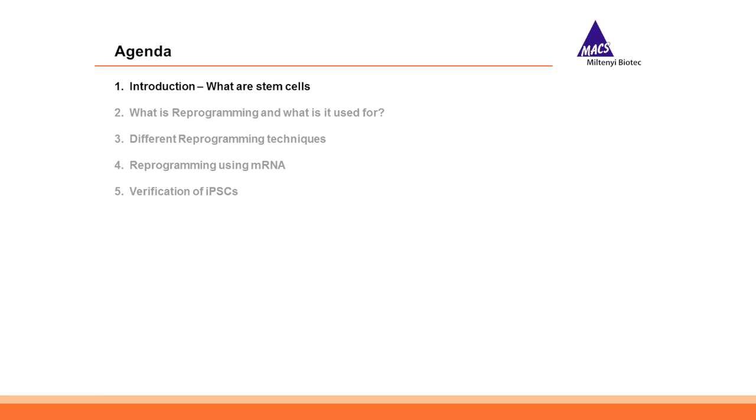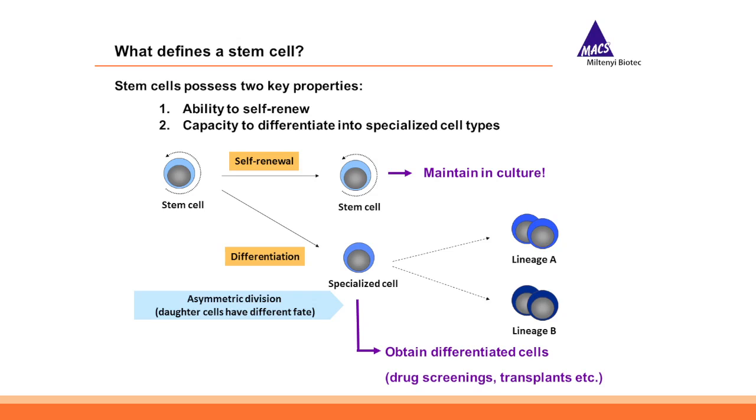What are stem cells? When we talk about a stem cell, what do we mean by that term? Stem cells are defined by two characteristics. The first is their ability to self-renew. That means that they are able to create an identical copy, and this way they can be maintained in a culture.